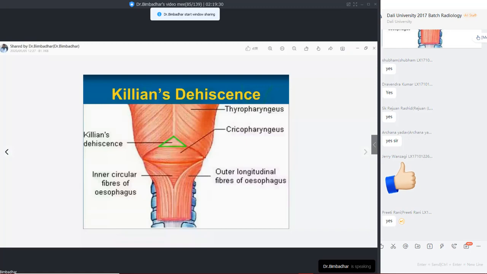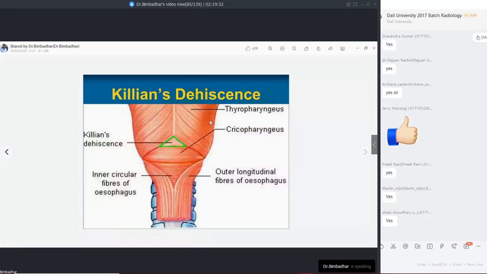You see here, there is an oblique muscle, the thyropharyngeus, and the horizontal muscle, the cricopharyngeus. Then we have the circular fibers and outer longitudinal fibers of the esophagus. And you see here, there is a triangular area formed in between the junction of all these muscles.